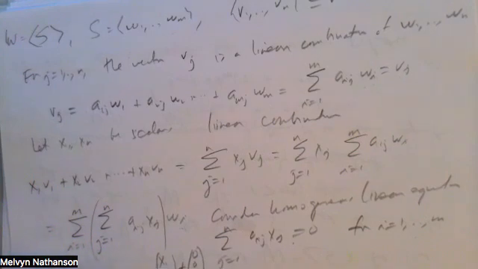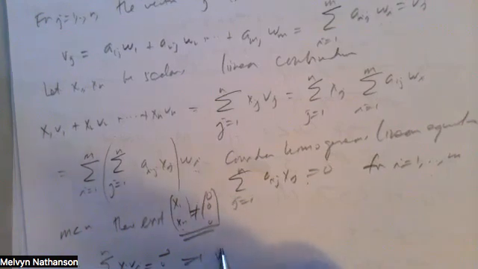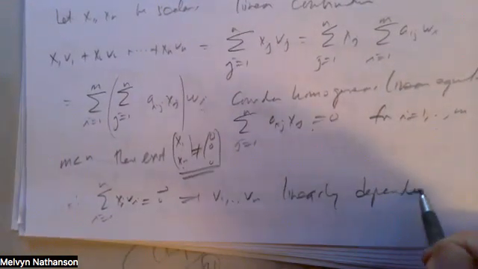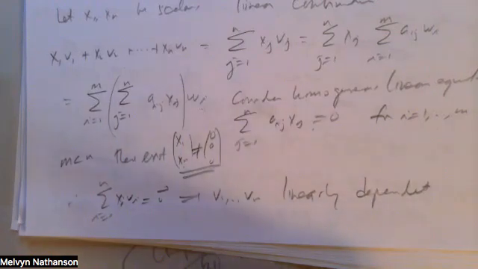So I can find x not all zero such that this is zero. So I have the summation xi vi, i goes from 1 up to n, is the zero vector, which means v1 up to vn are linearly dependent.